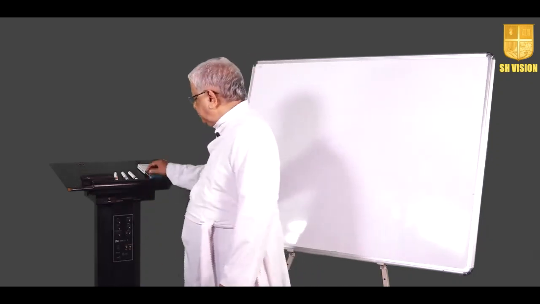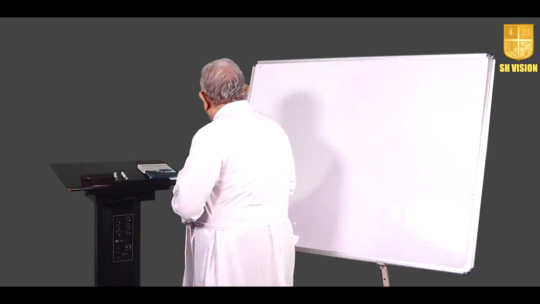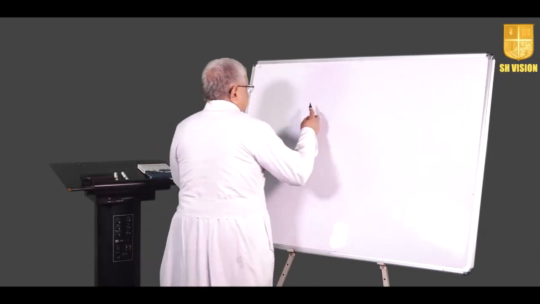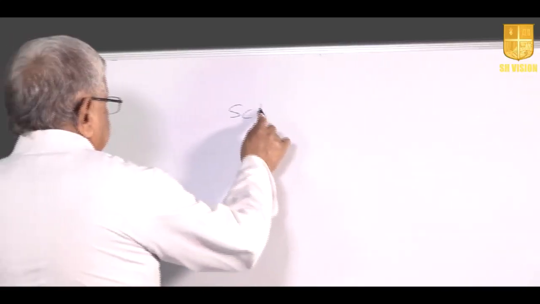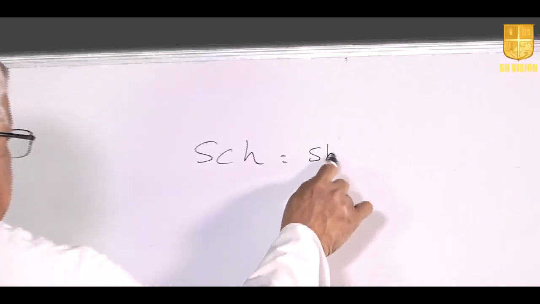Then CH, a combination of 2 letters, is H, ich. Then SCH, that I did not speak about yesterday. It is pronounced sh.